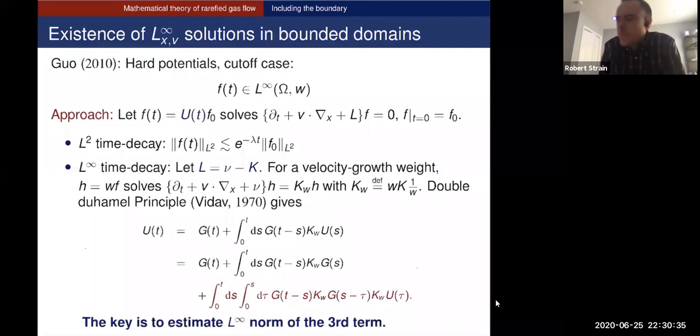solutions with low regularity. Okay, so now we come to this result by Guo in 2010 for bounded domains.